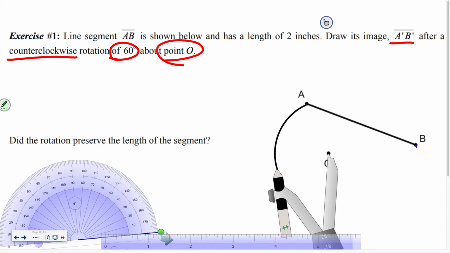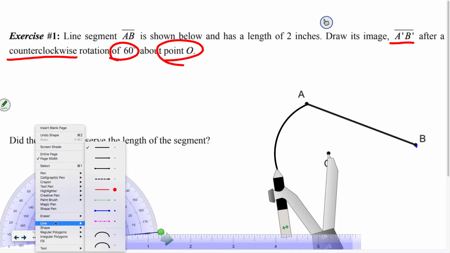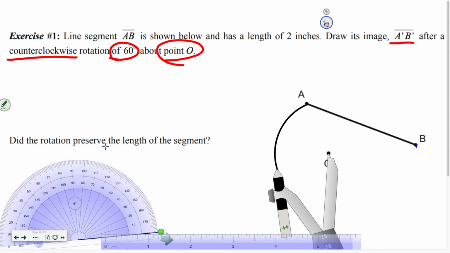But first, I need to draw in my segments. So draw in your segments. The important ones are segment OA and OB. There are my two segments.